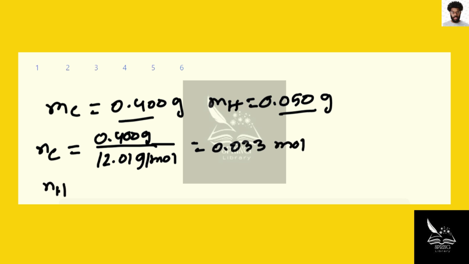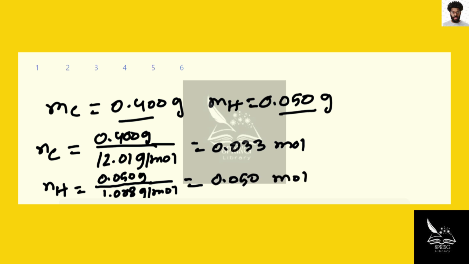And the number of moles of hydrogen will be the mass of hydrogen over the molar mass of hydrogen, which will give us a value of 0.050 mole.